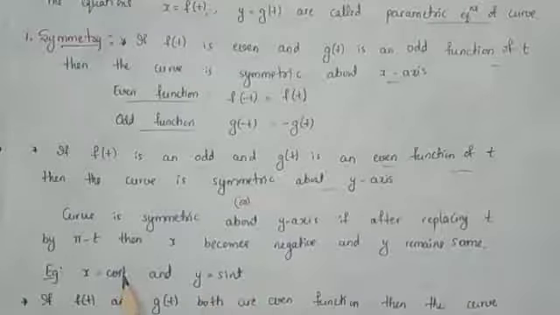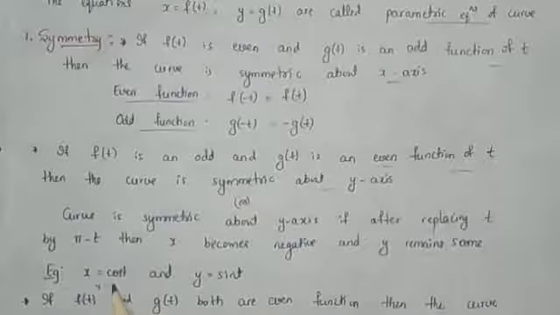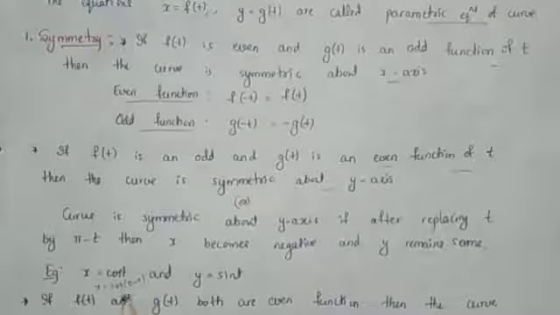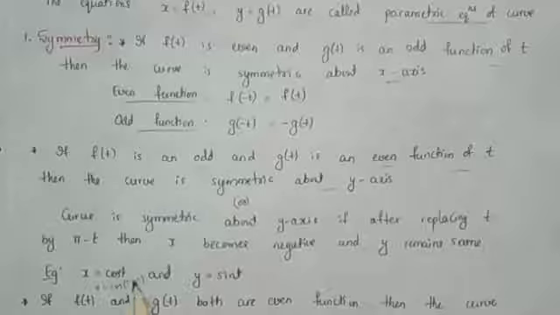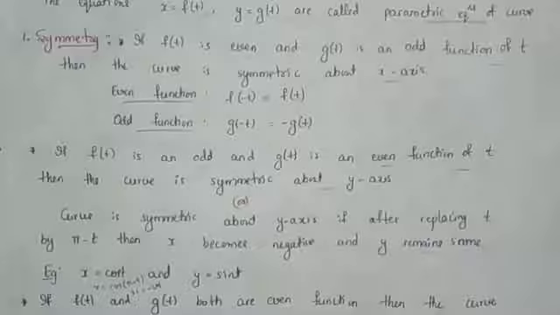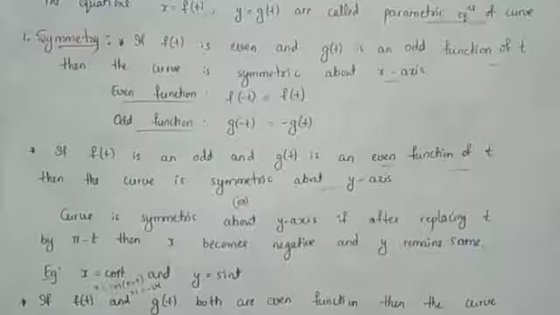You replace t by pi minus t. x is equal to cos of pi minus t. Cos of pi minus t is minus cos t, so you get x equal to the negative value.